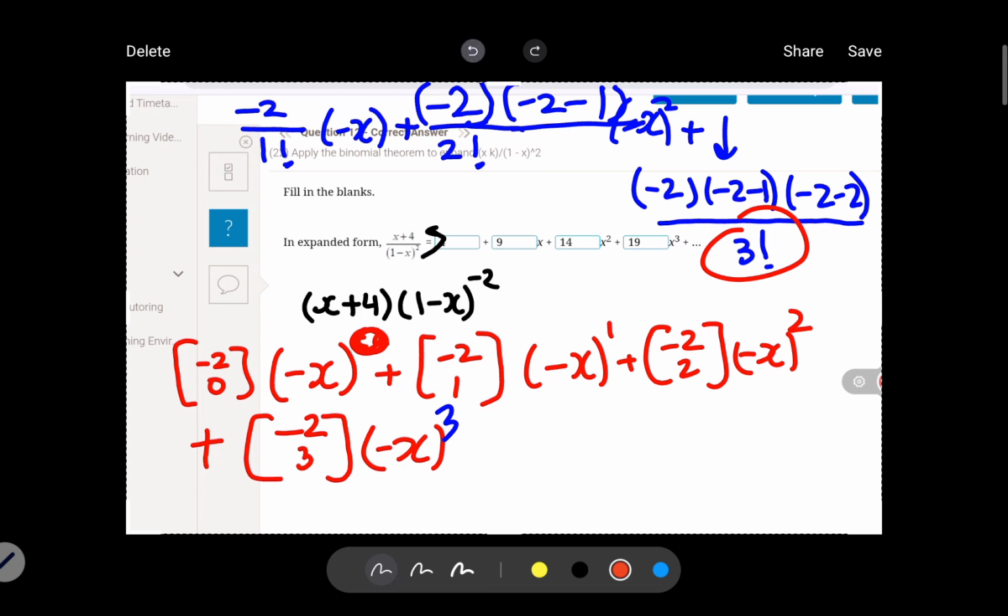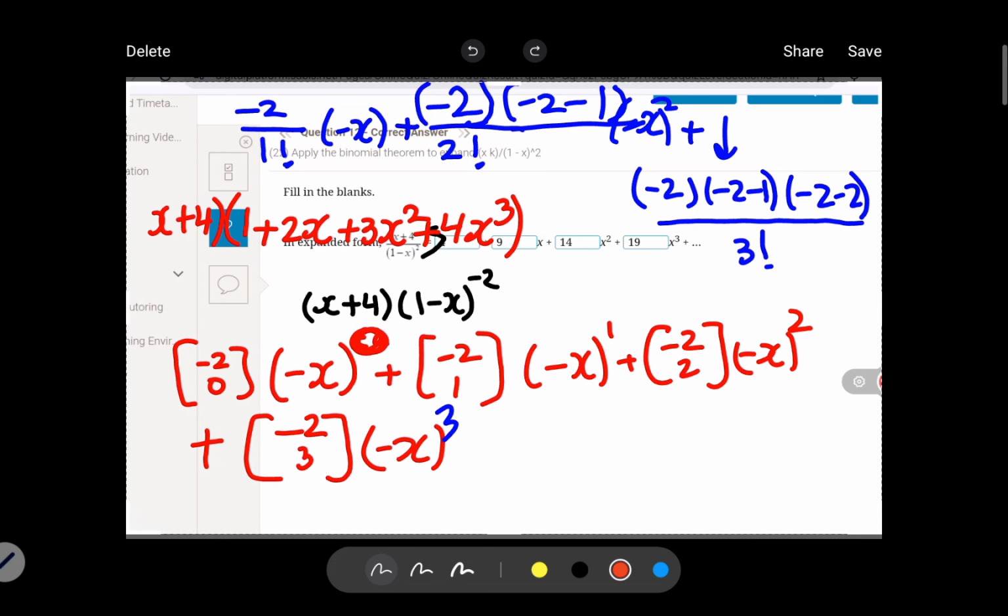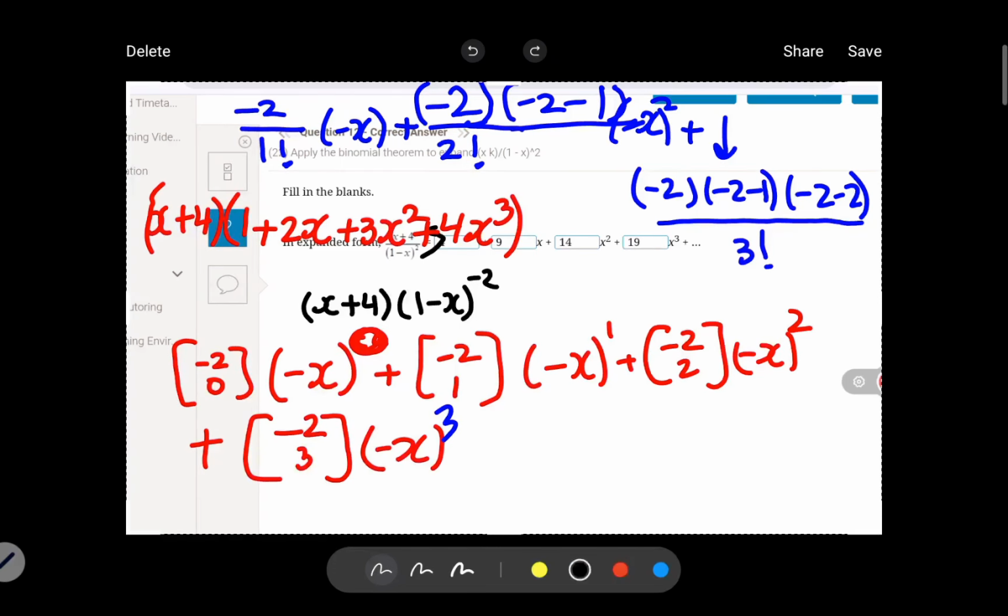When you put it on the calculator, of course I told you the first one is 1, so 1 plus 2x plus 3x squared plus 4x cubed, and then x plus 4. You have to distribute x plus 4.